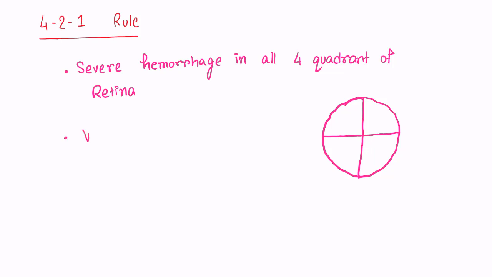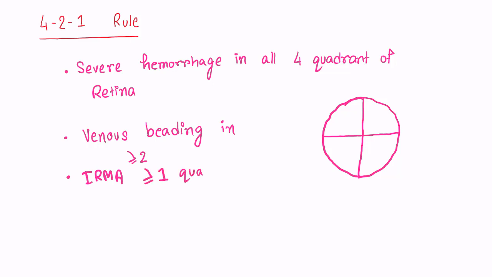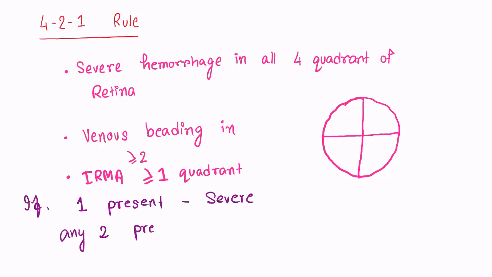Number 2 is significant venous beading in at least two quadrants of retina. Number 3 is IRMA in at least one quadrant of retina. If any one is present, then we call it severe NPDR. If any two is present, we call it very severe NPDR.